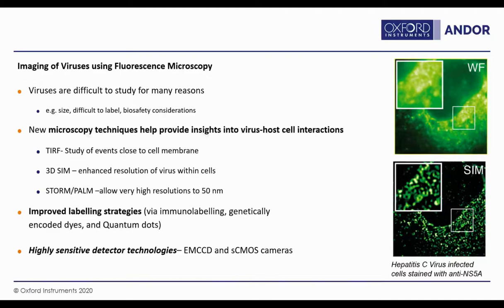And really helping to allow everything to go ahead, we need high sensitivity detectors, and we see EMCCD and sCMOS cameras playing a role in this. On the right hand side we can see an example of SIM imaging compared to wide field above, and you can see an improvement in resolution between those two methods.